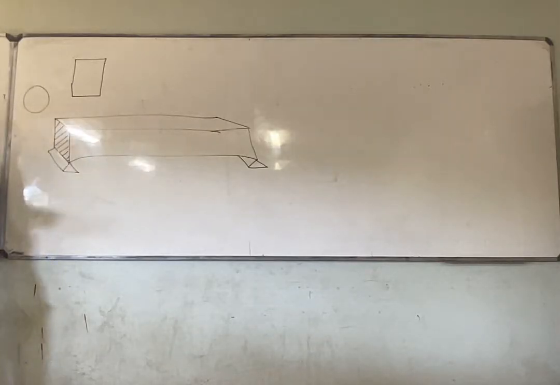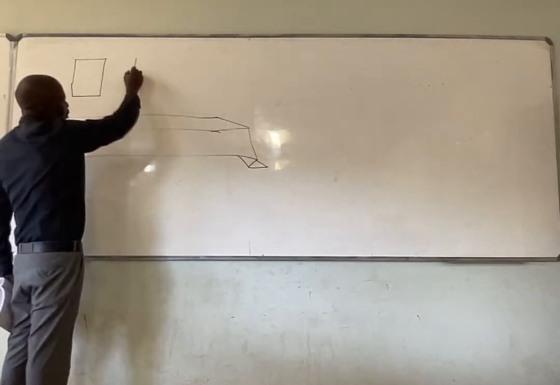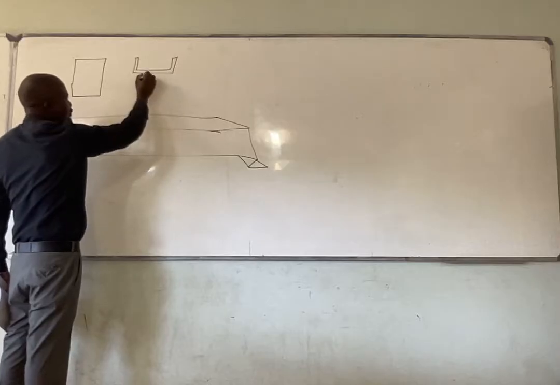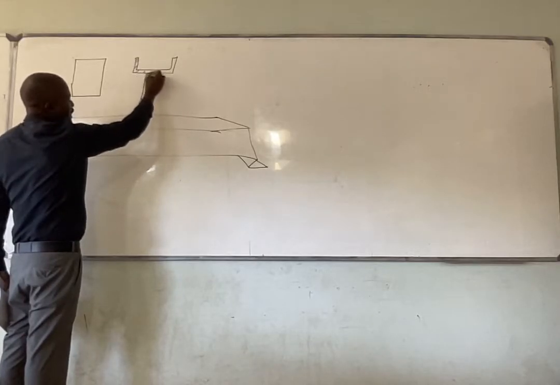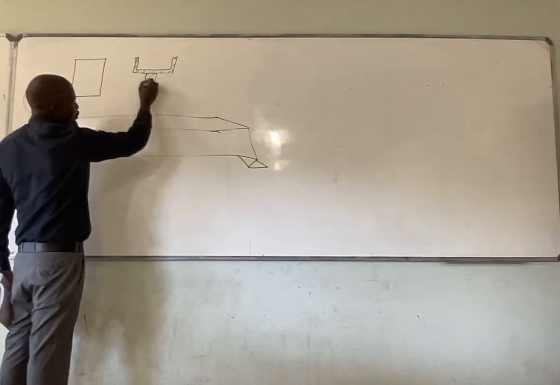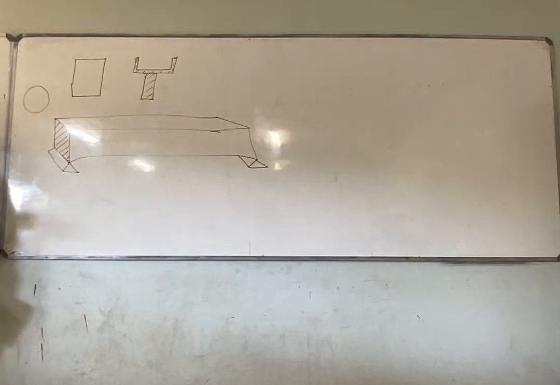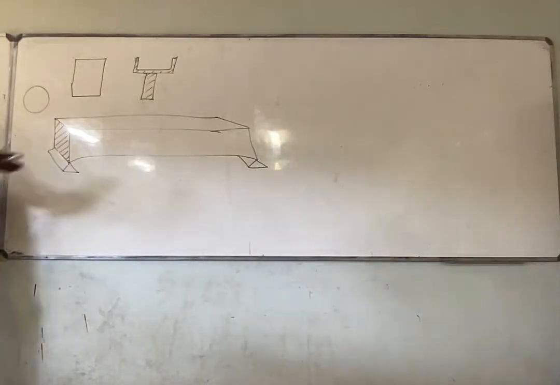Sometimes it will be a built-up beam. A built-up beam means the area consists of different sheets. You have this cross-sectional area being joined together with this one to give you one beam, so that it will be a built-up beam.